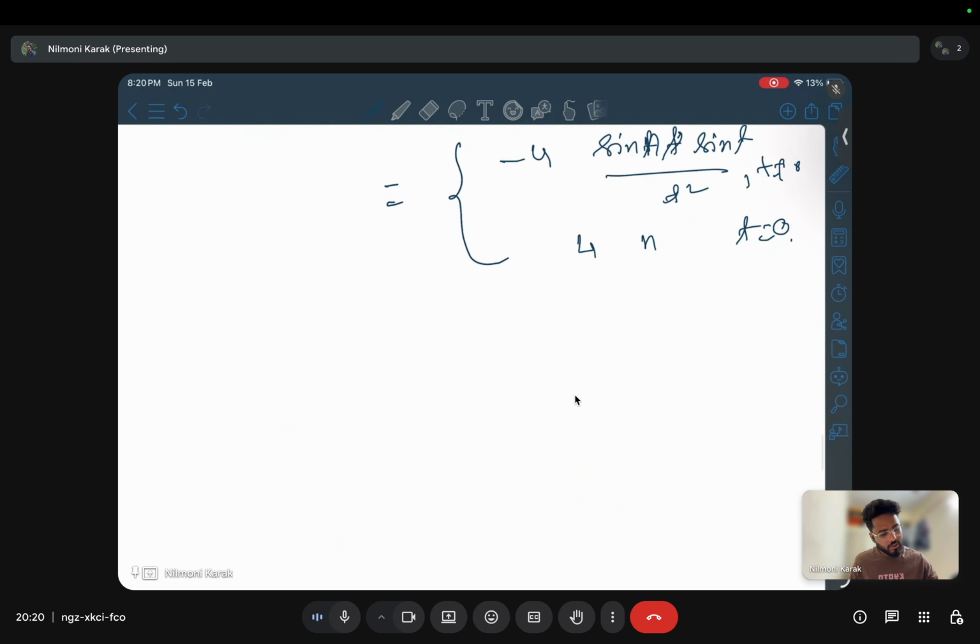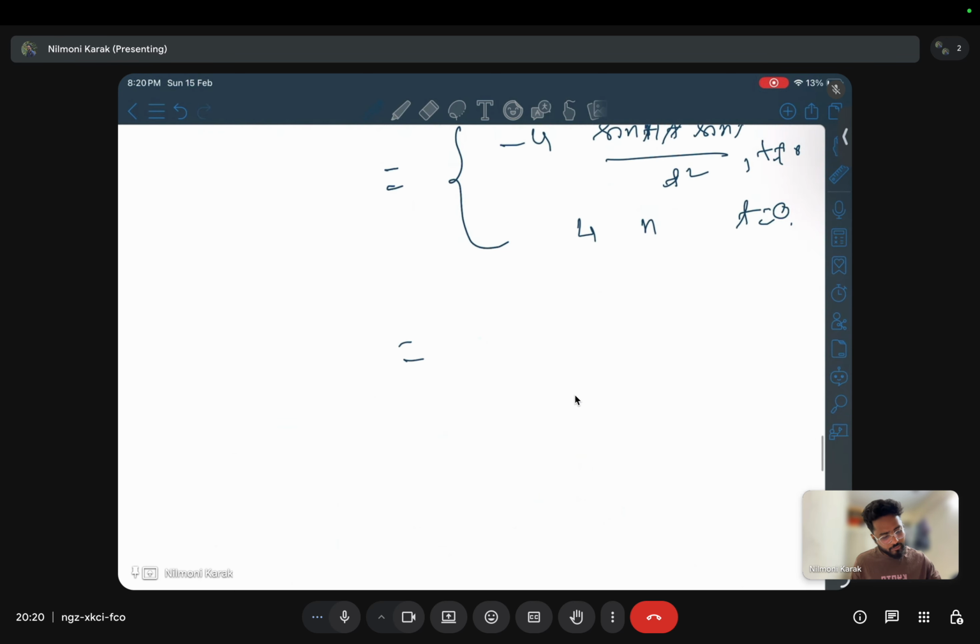Okay, so now this is basically your fn hat. What we wanted to prove.